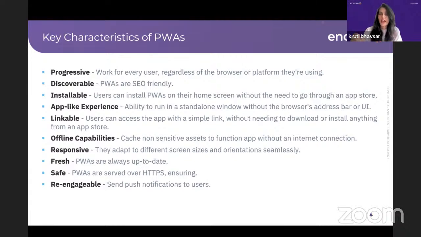Even if it is not an application, we still have an icon, so we can say that it is installable. We will learn more on that, but this is just a main key characteristic. As I said earlier, it is mainly an app-like experience. You would not feel that this is a website. Look and feel and everything would be an app.